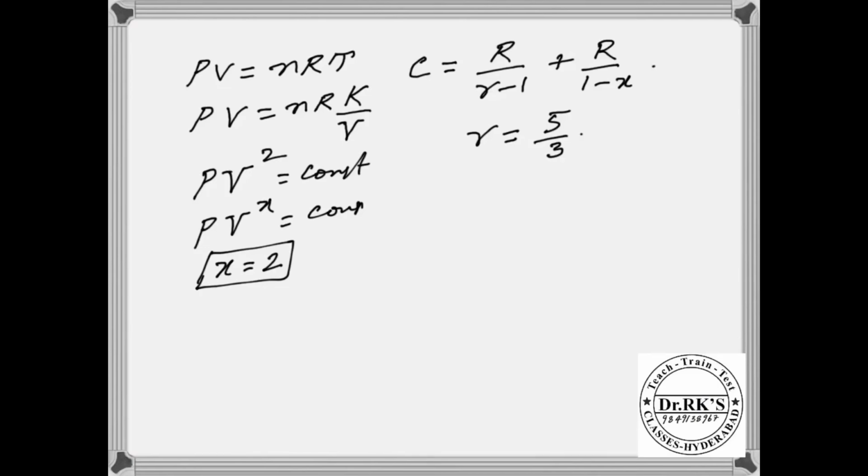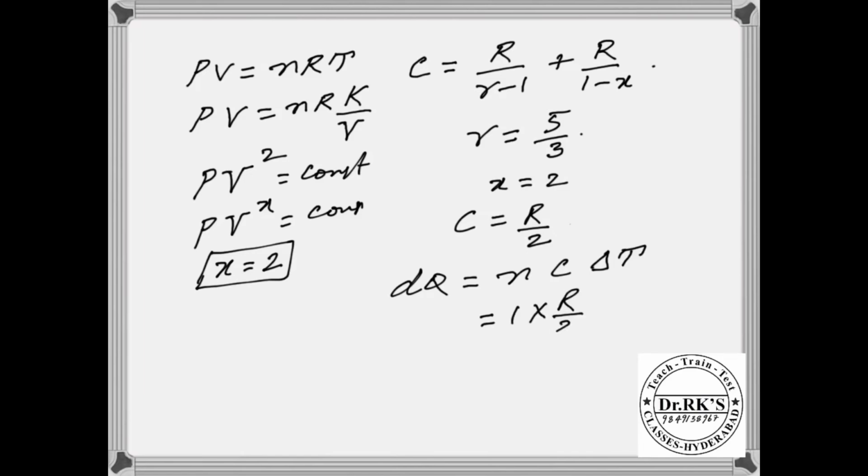Okay, and x is 2. From this you will get C as R by 2. So we know that in general dq is always equal to n C delta T. So n is 1, C is R by 2 delta T. So this is the amount of heat absorbed by the system.